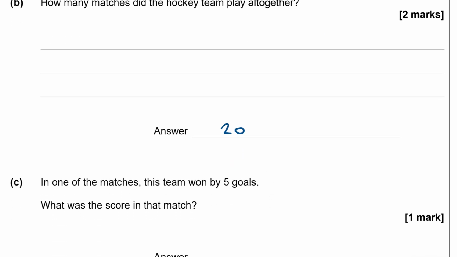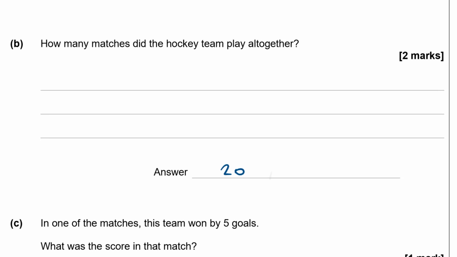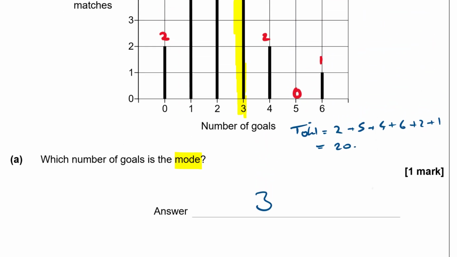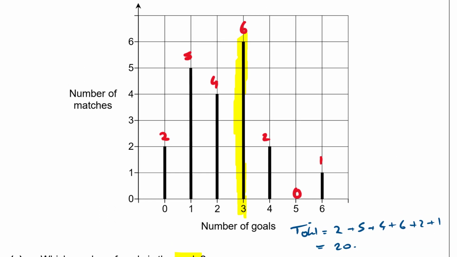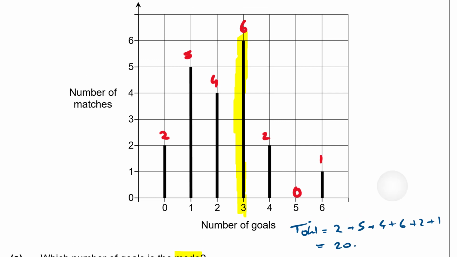In one of the matches, this team won by 5 goals. What was the score in that match? Okay, now we can see that no games had exactly 5 goals scored in them. So if this team scored 5, then the other team must have scored some as well.